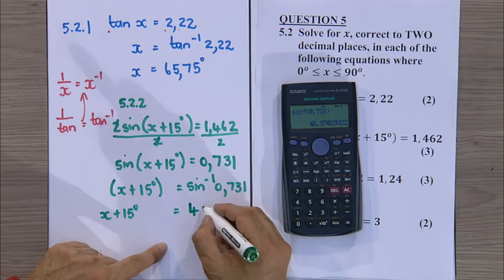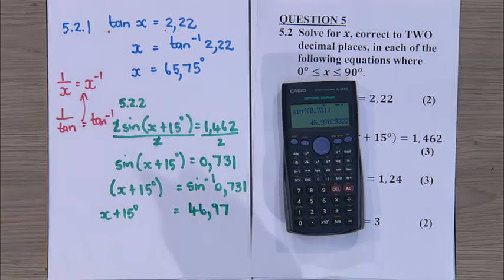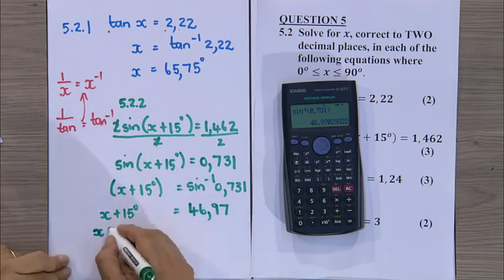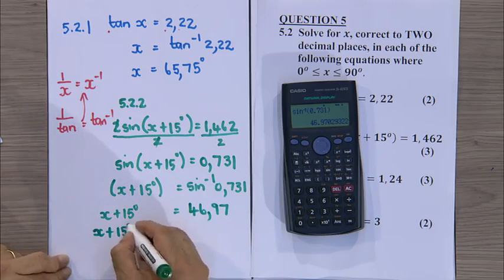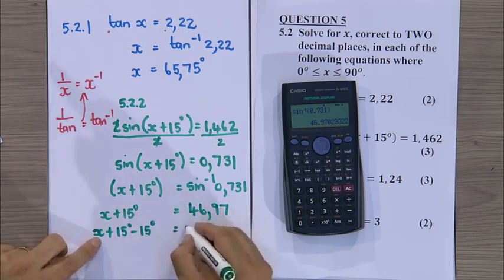That's going to give me 46.97. Right? Now, if I want x, how will I get x? I'm going to say balance again, grade 10s. If I don't want the plus 15, the additive inverse is minus 15.